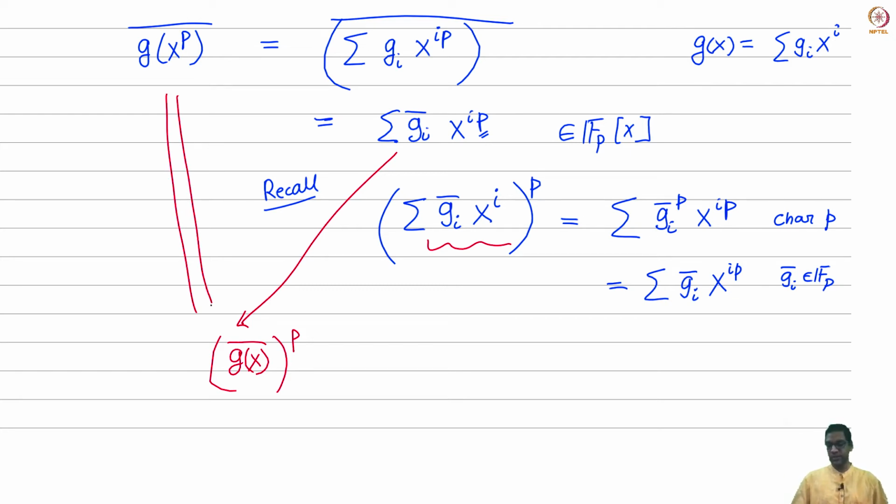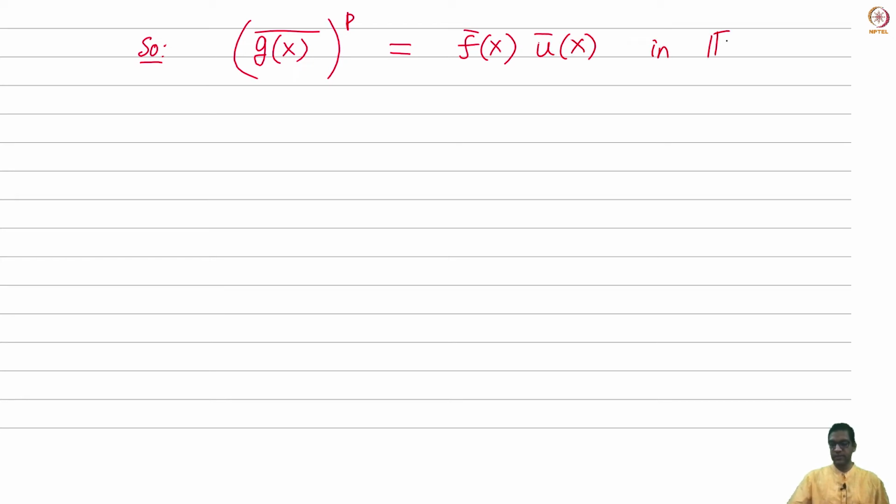Okay, that's a strange identity, but that comes about because you are going modulo the same prime p here. Now we are ready to complete the proof. So we have g bar of x whole power p is the same as f bar of x times u bar of x. It's an identity which holds in F_p[x].